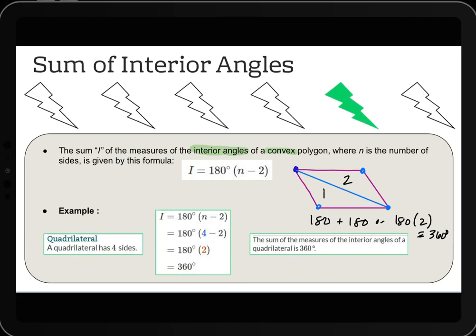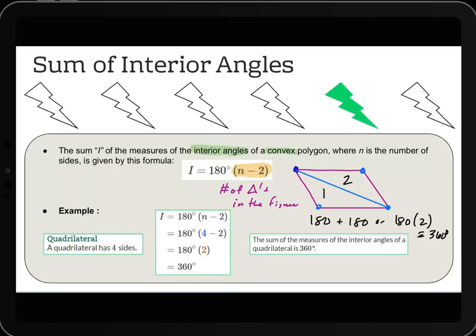In other words, what I'm saying is that this right here represents the number of triangles in the polygon. And there will always be 2 fewer triangles than there are sides in that figure.